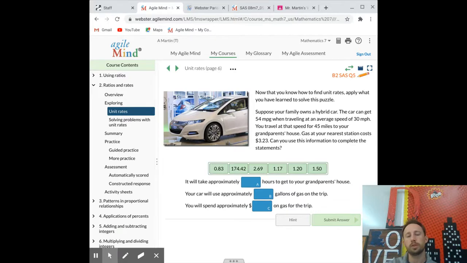You can use the chat box, or you could talk with your mic not on mute to each other. So, wouldn't we do like 54 divided by 30, and that would equal 1.8?